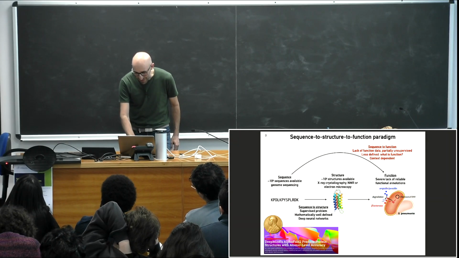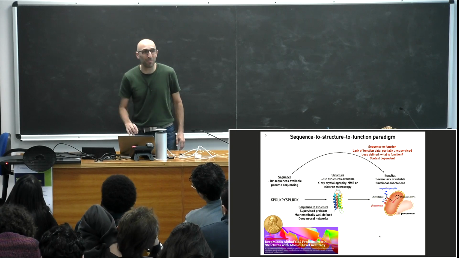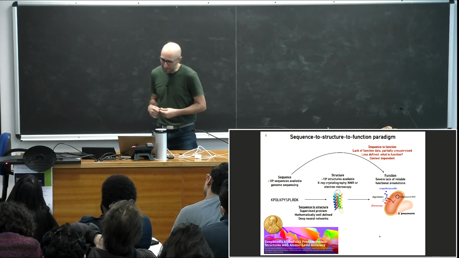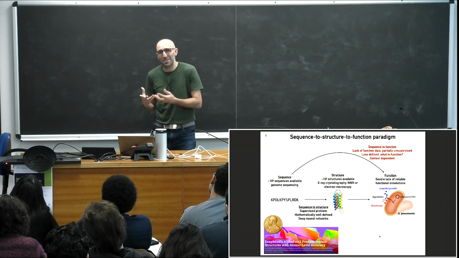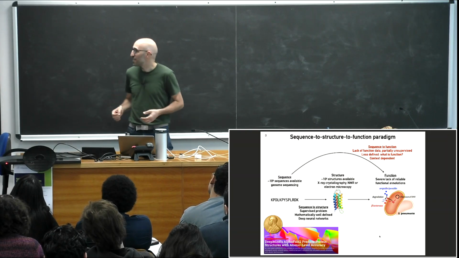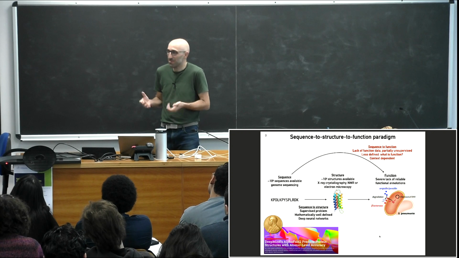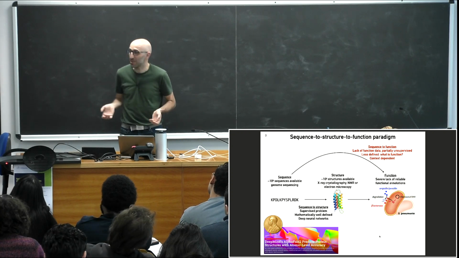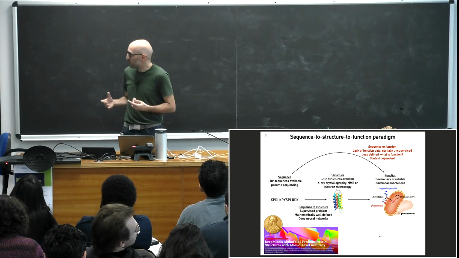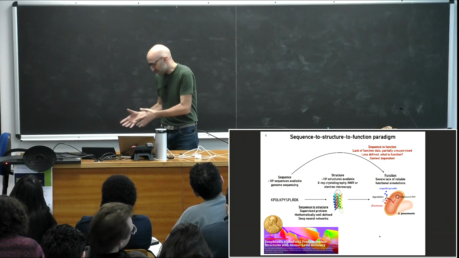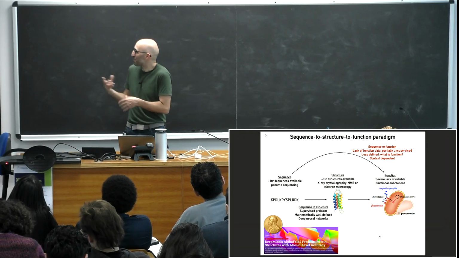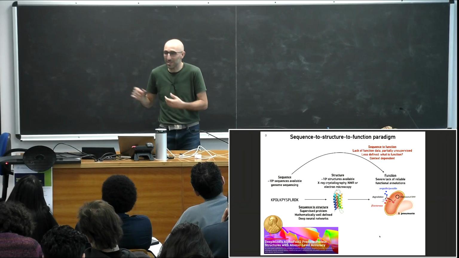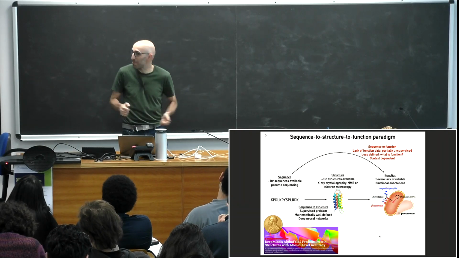So the problem is that the mapping from structure to function is much more tricky, for several reasons. First of all, because function is not really a mathematically well-defined thing, because it depends on many variables. It depends on the environment. So if you have a protein and you put it in a certain bacteria, it depends if the bacteria can express it, can transport it to the membrane.